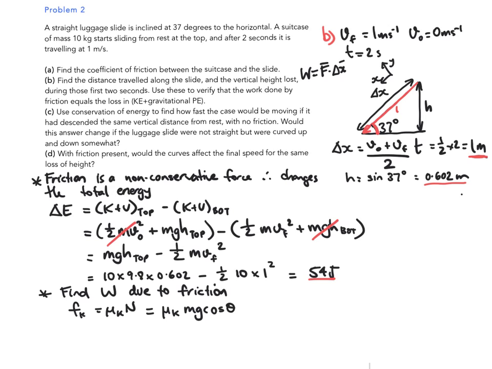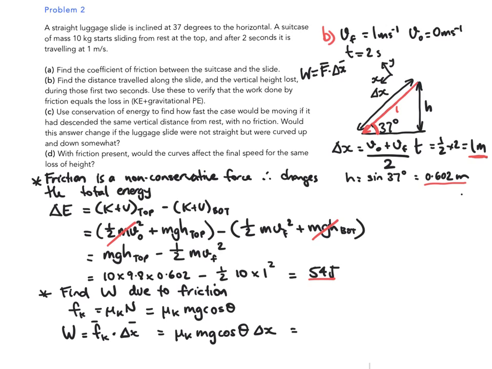Okay. And if we want to find the work then, the work done is just the force of friction dotted with delta x. They're both in the same direction, so that makes it maximum. So we can then write the work done is mu k mg cos theta delta x.